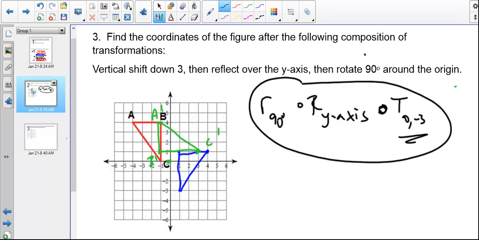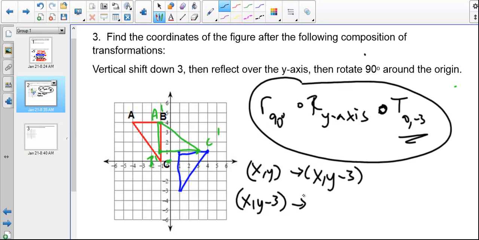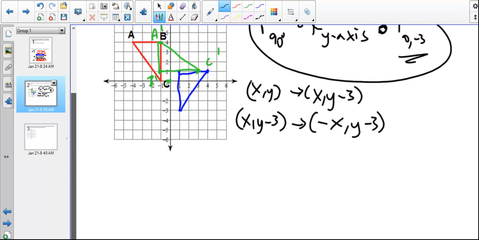We could also come up with a rule for this, but I guess it may be worth doing. So the idea is we went from (x, y) to (x, y minus 3). That was our translation. Then that was reflected across the y-axis, which meant my x turned negative. So I have (negative x, y minus 3). And then that was rotated 90, which is, remember, we switch the y and x, and the y becomes negative.